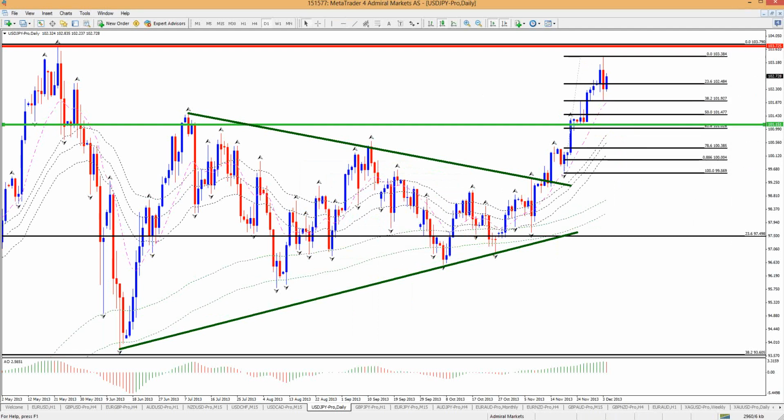That's a 4-hour fib. 618 is 101. 50 fib is 101.50. 38.2 is 102. All those levels could be the bouncing spot for more upside and a break of the daily top. Once we break the daily top, we could have grand breakout trades, as the weekly chart would be back in an uptrend, and we could see this dollar yen move up to 110, maybe 115, 120, 125 even. So that would be very, very interesting.